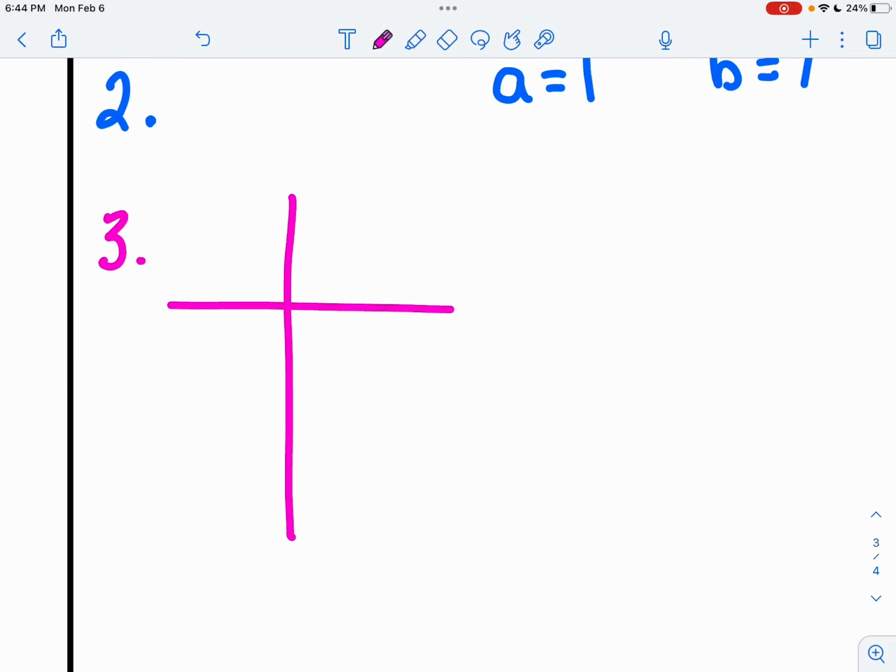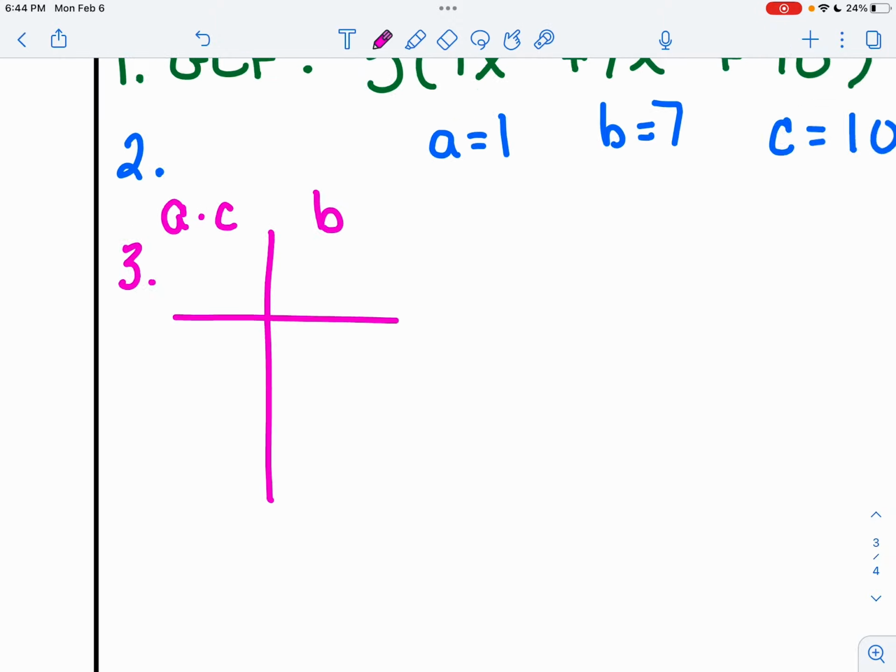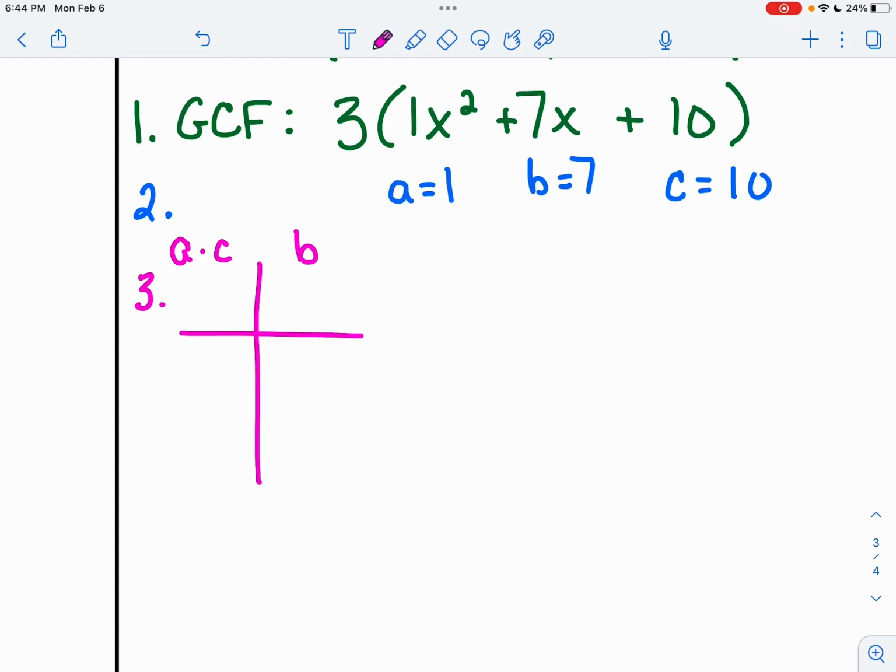And inside that chart, you're going to do A times C on the left and identify B on the right. So A times C is 1 times 10, and that came from here and here, which is just a big old 10. And B is 7, and that came from here.